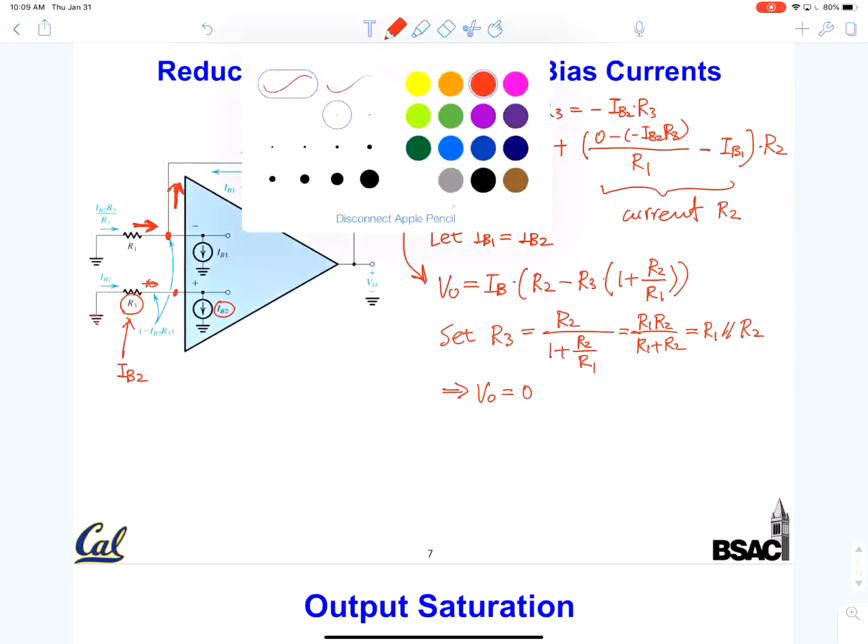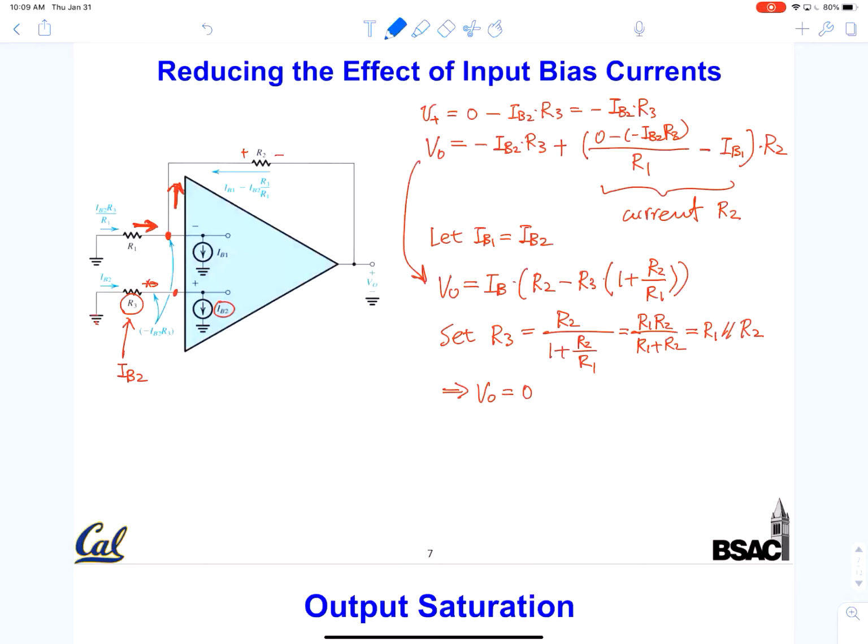However, this is not the whole story. Remember, we set IB1 equal to IB2. Now, in reality, IB1 is like IB plus some kind of offset current, and IB2 is IB minus some kind of offset current, okay? The offset current is about 10% of the bias current.